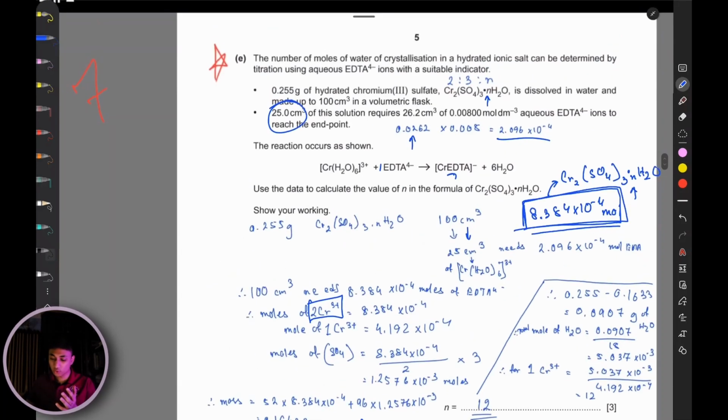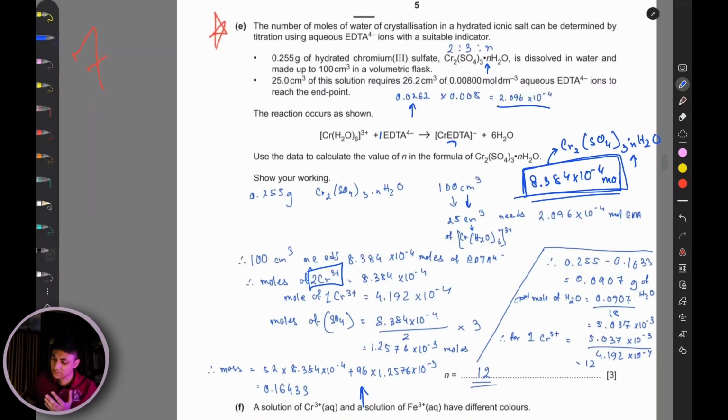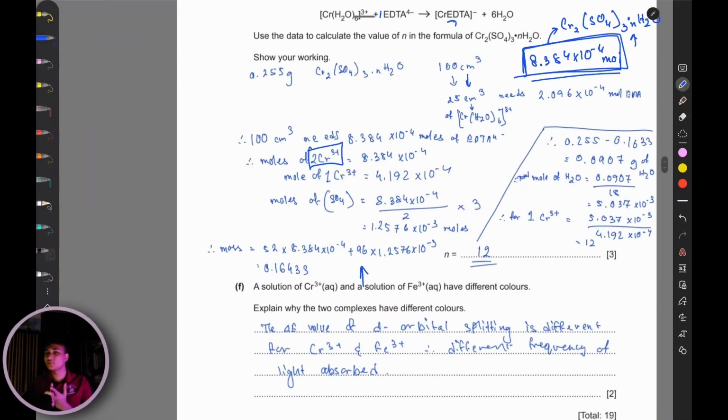Now, I know from the question that the mass of the total salt, is it a salt? Yeah, ionic salt. So the mass of the total salt is going to be 0.255, right? Since the total mass is 0.255, and I know the mass of both the ions, let's subtract. If I subtract it, I get 0.0907, and that is your mass of water present in the compound.